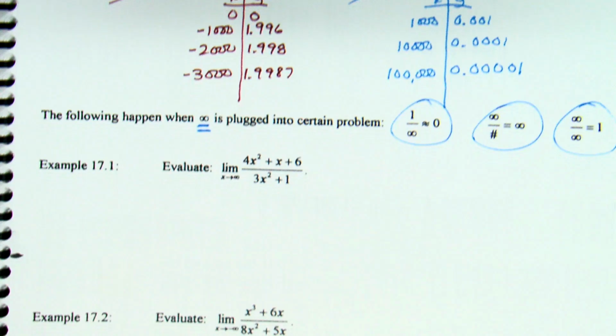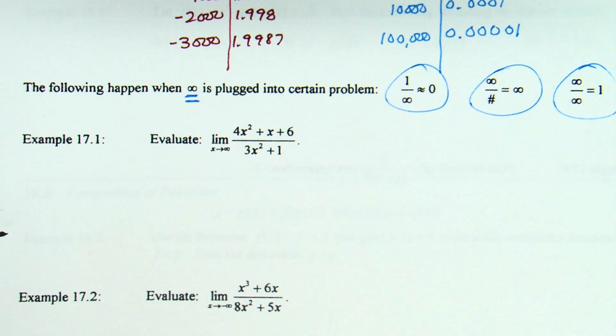Let's look at example 1 here. Evaluate the limit as x approaches infinity of 4x squared plus x plus 6 over 3x squared plus 1. If we just start plugging infinity in there, can we come up with a specific answer?